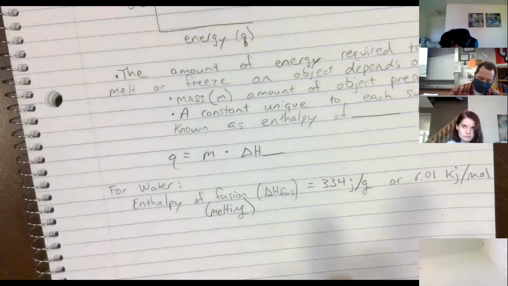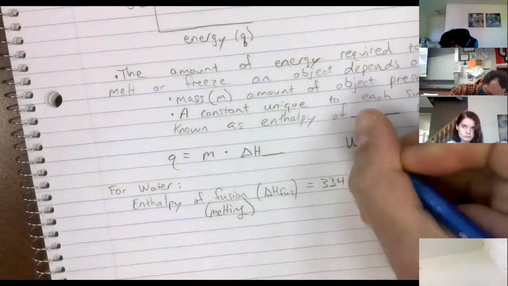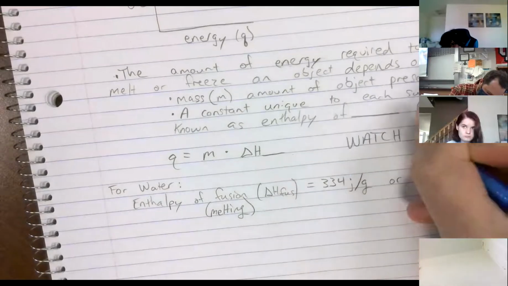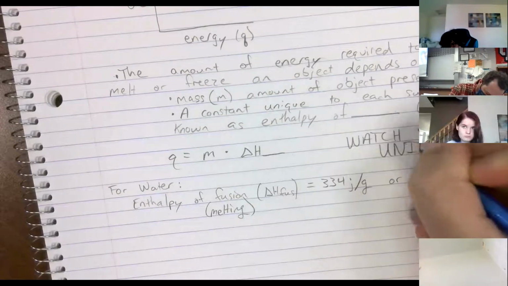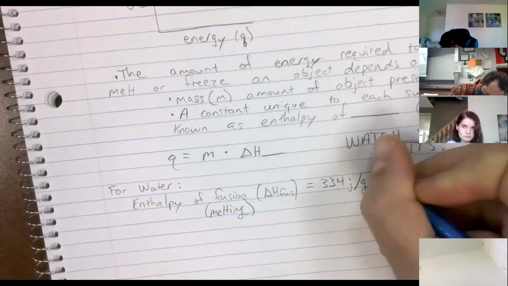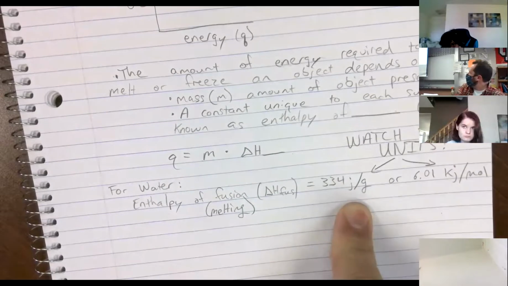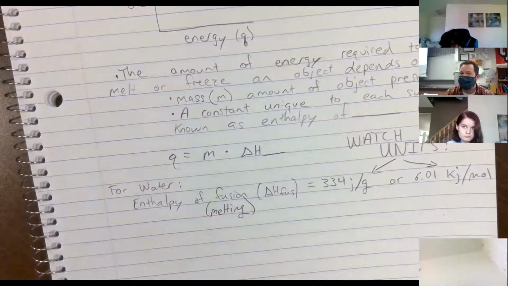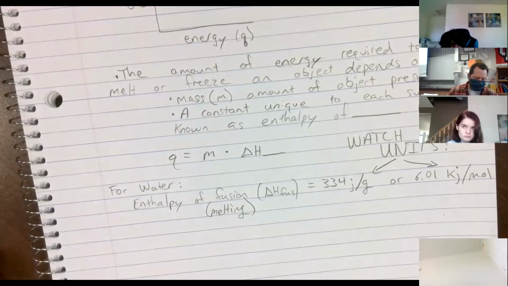So watch that, pay attention to those units. Joules per gram, kilojoules per mole. Know what you're looking at, know what you have to work with, use the right units.